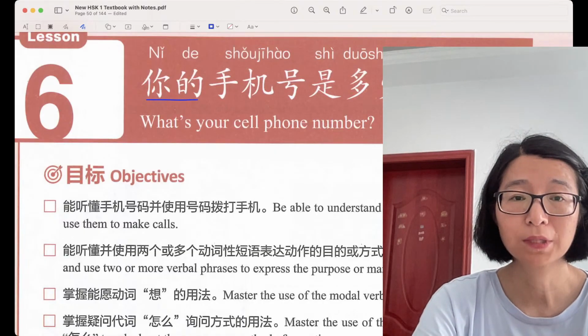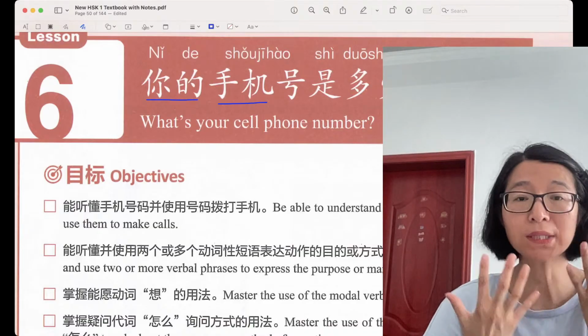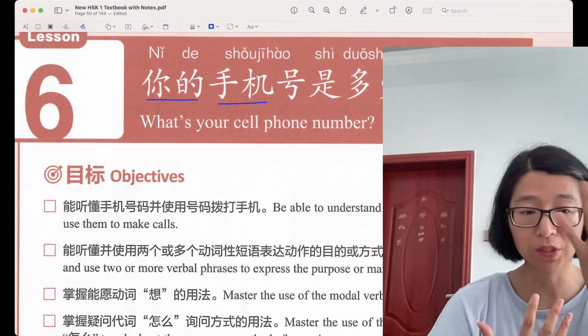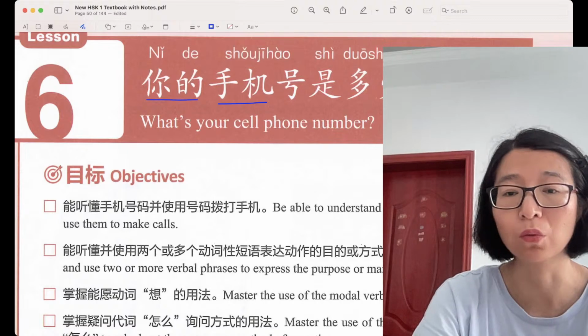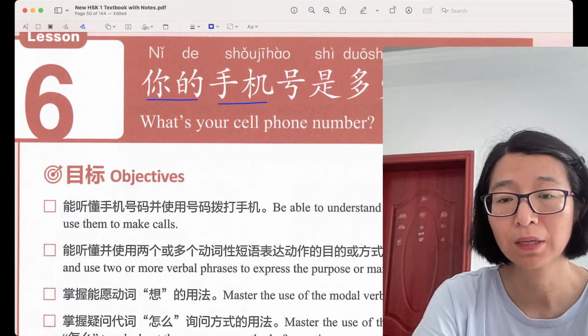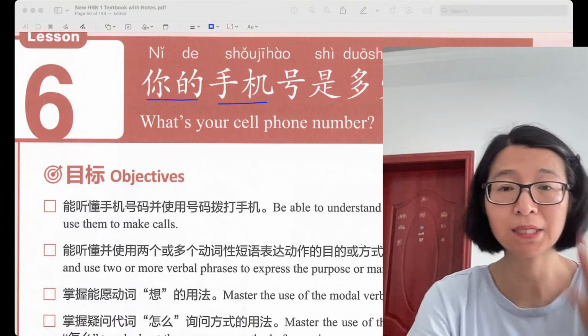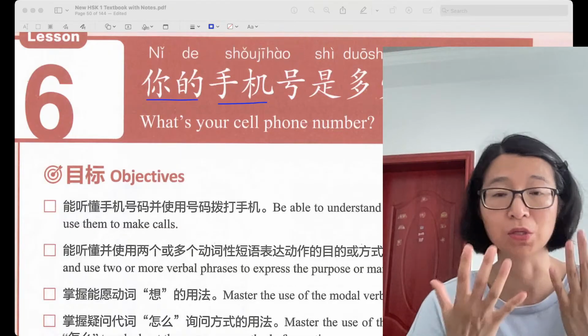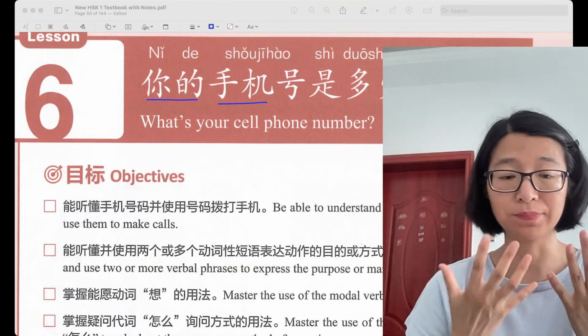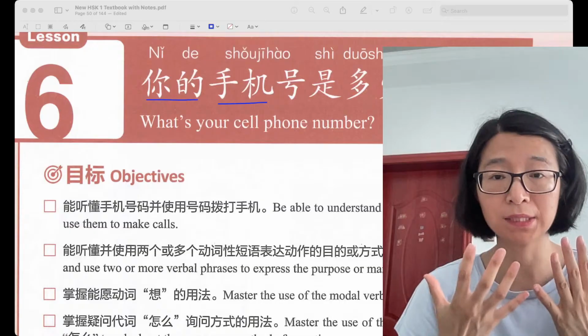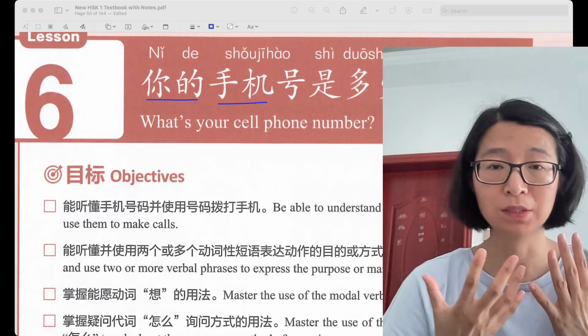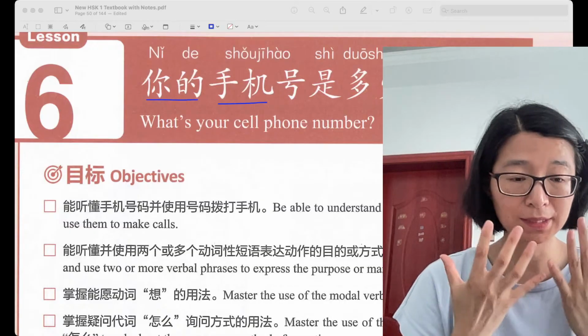And 手机, what is 手机? 手 means hand. So 手机, hand machine. Got it? 手机.